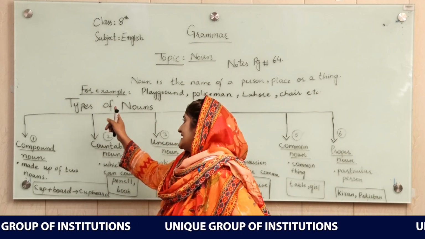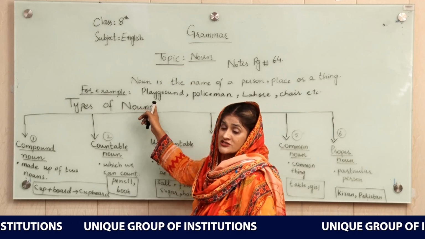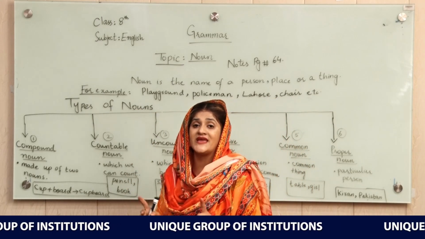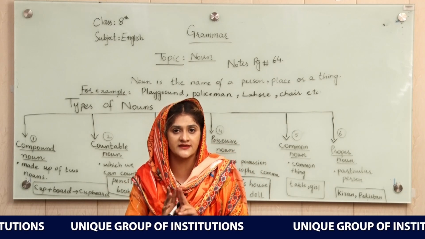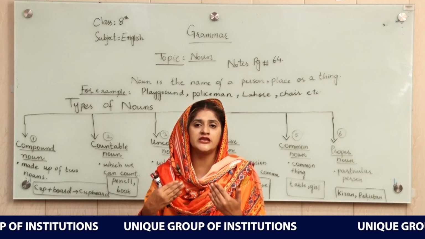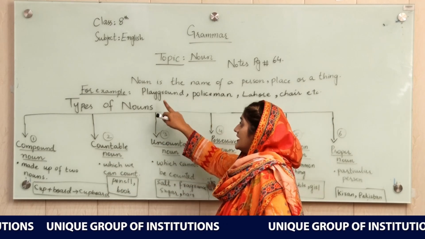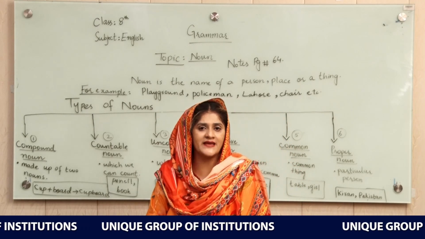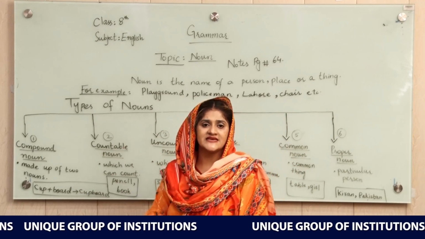As you can see in the example of noun, I have also written the examples of compound noun. A compound noun is made of two nouns together. When we separately take two nouns and we make a new word from them. Play and ground. Play, you know, we play mostly. Ground is the area.